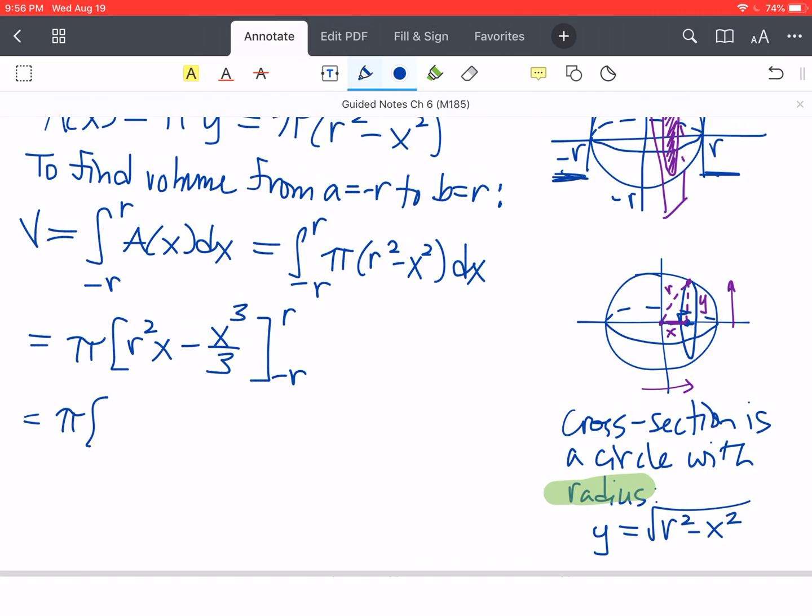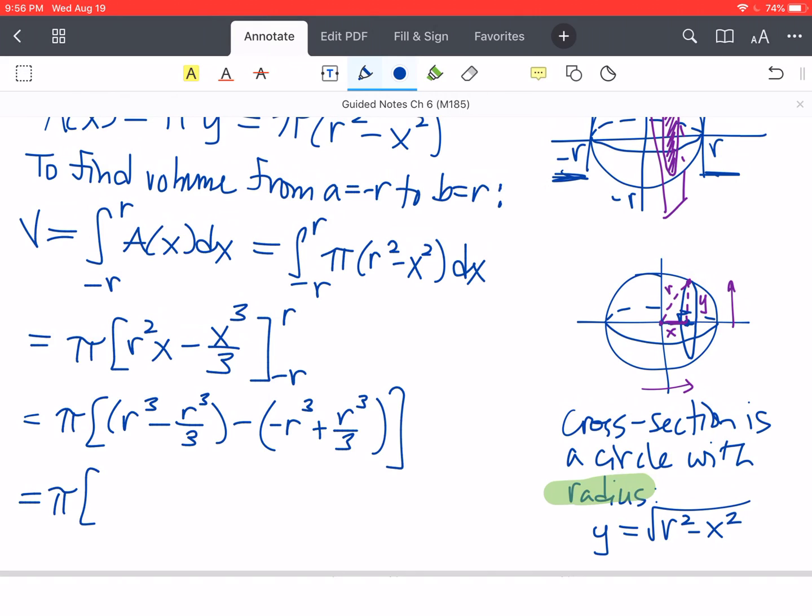Okay, apply the fundamental theorem of calculus. This is going to give us r cubed minus r cubed over 3 minus negative r cubed plus r cubed over 3. So we get pi times, if you want to distribute the negatives, that becomes a plus, that becomes a minus.